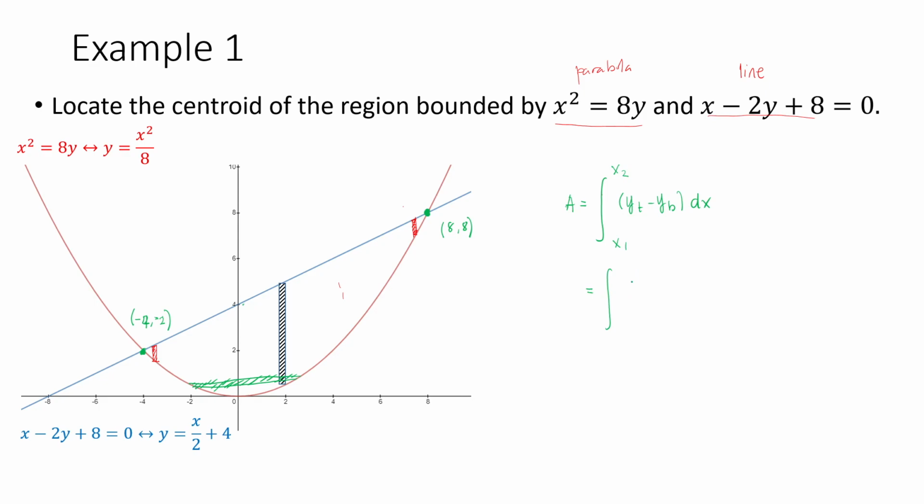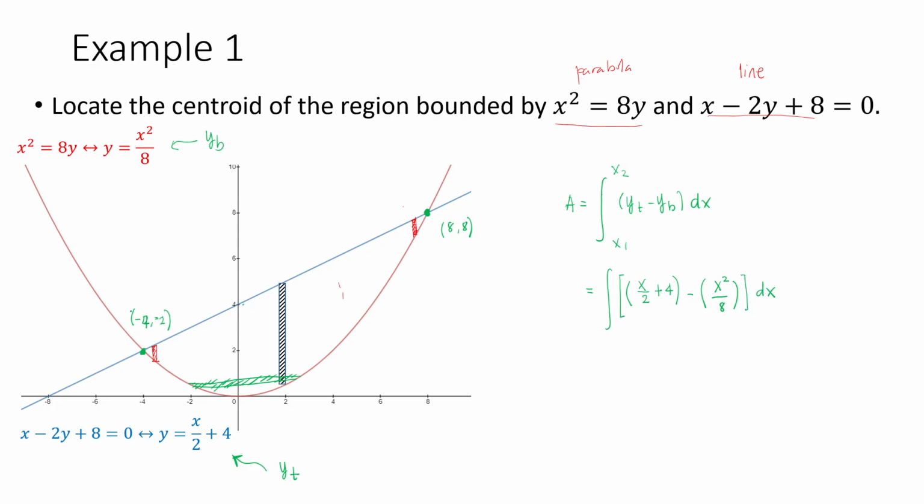This would now be equal to, y top is the blue graph, and this one is in terms of this format, so you're going to have it as x over 2 plus 4. That would be y top. Y bottom is the red graph, so this is now x squared all over 8, and then dx.